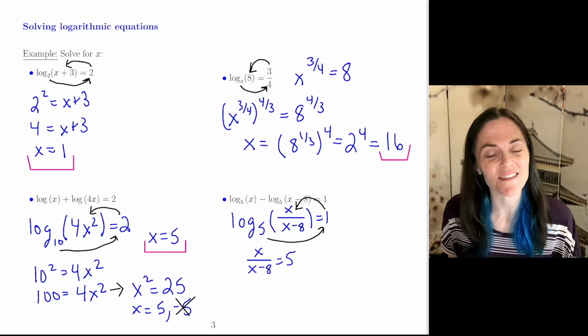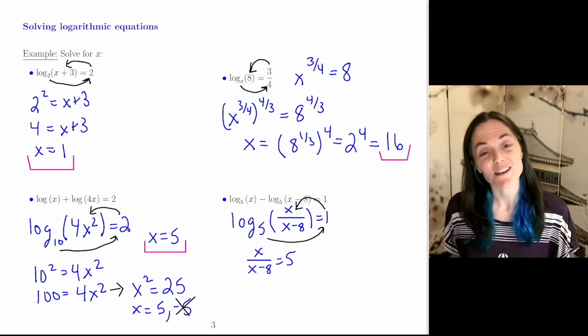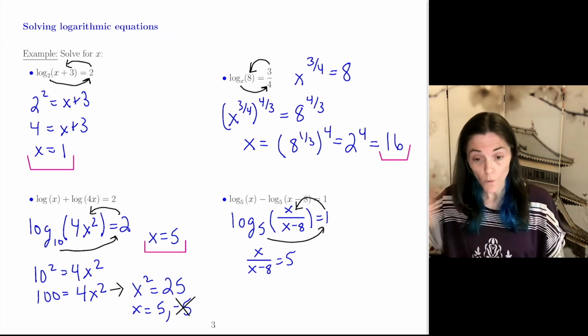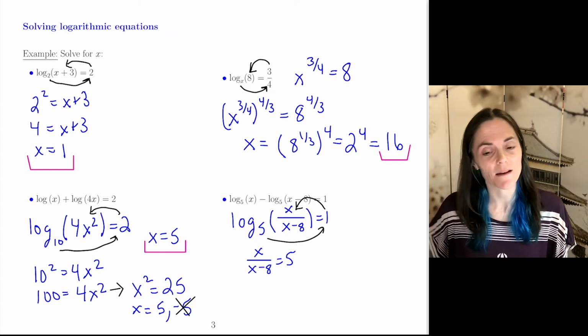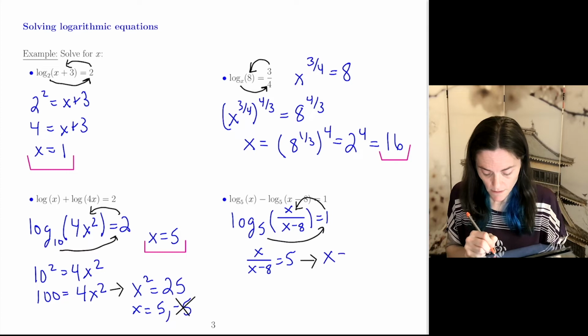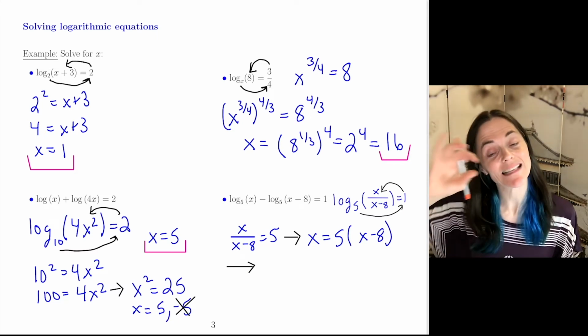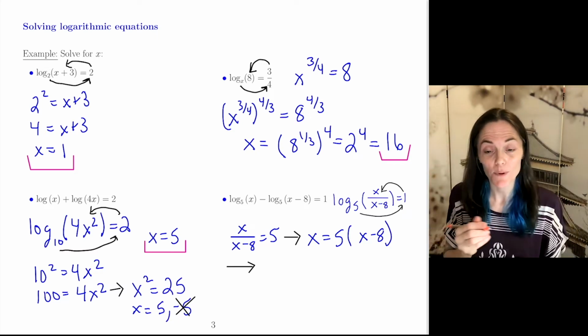How am I going to solve this? Well, I think here's what I will do. If I can just multiply through both sides by the denominator, I get x equals 5 times x minus 8. At this point, let's distribute the 5 across the parentheses.